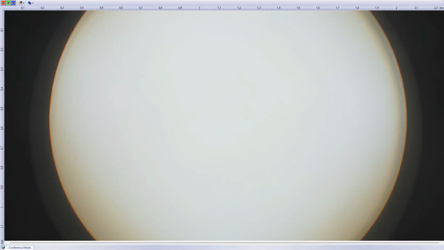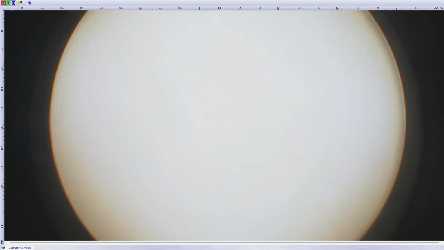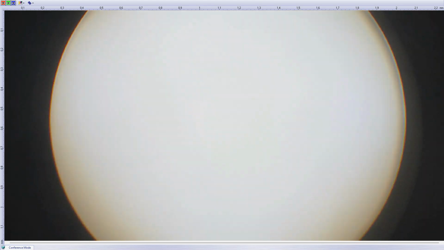So I started with basic immunohistochemistry, SOX10. All cells are SOX10 positive. HNB45 and tyrosinase were diffusely positive. I also did PRAME.